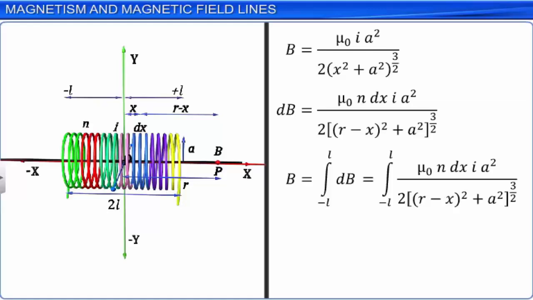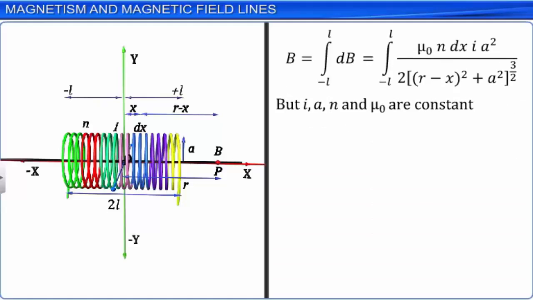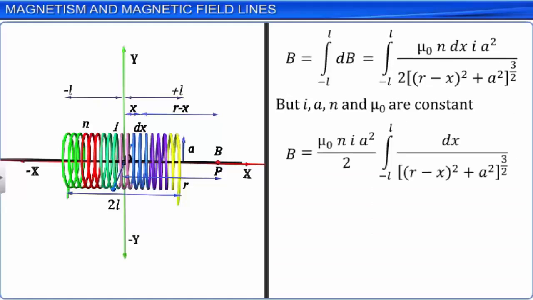But I, A, n and μ0 are constant. Hence, the magnetic induction B is equal to μ0 n I A square by 2 into integral -L to L dx by (R minus x) square plus A square whole power 3 by 2.